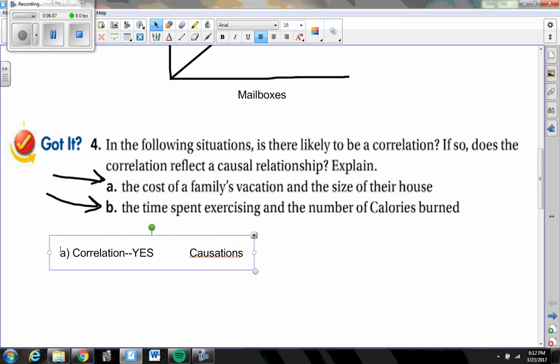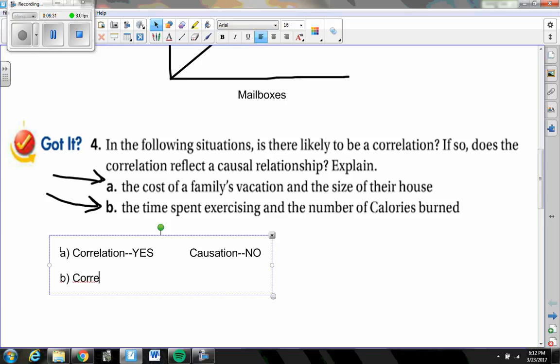However, the question we have to ask is, does taking a more expensive vacation cause our house to grow bigger? And of course the answer there is no. Spending more on a vacation does not cause the size of your house to grow bigger. There is a correlation, but not causation.